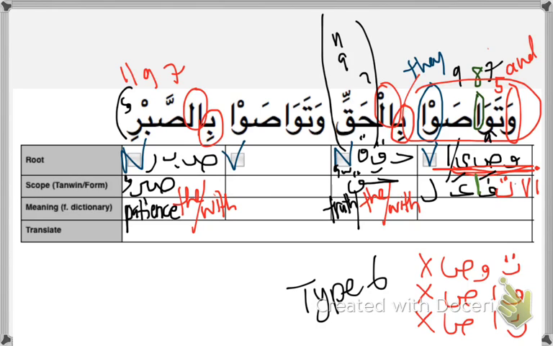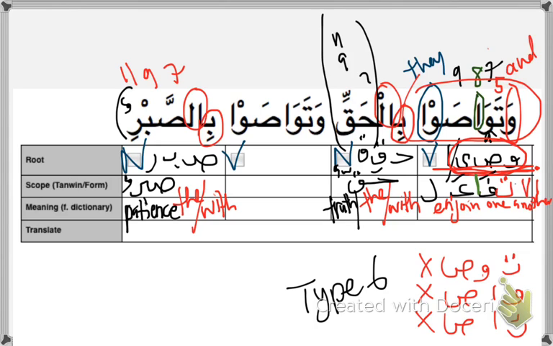Yeah, so when it's form number 6, you'll go to the dictionary and look at waw sod short alif, and then look at the meaning from form number 6, which you will get as enjoin one another.